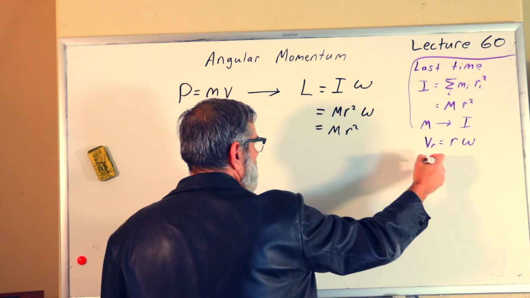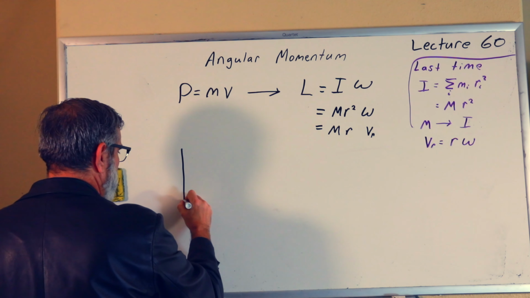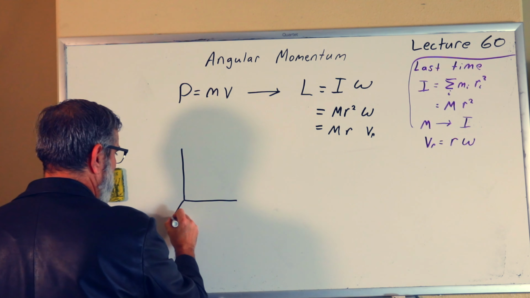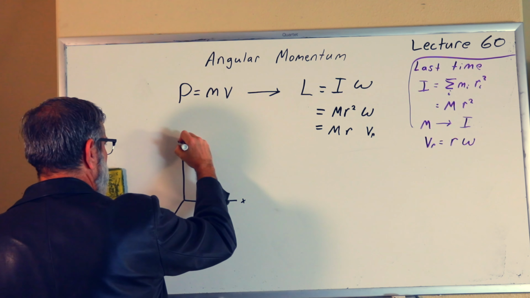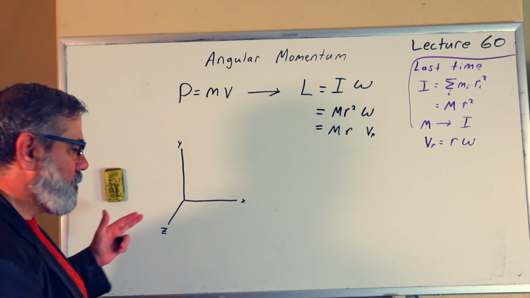Let me illustrate this on the board. And I'm going to do so in 3 dimensions, because again, it turns out to be important. So here's the x-axis, here's the y-axis, here is the z-axis, coming out of the board, so to speak. If I put a particle here, a piece of test mass, and I'll draw a vector from the origin to that point.